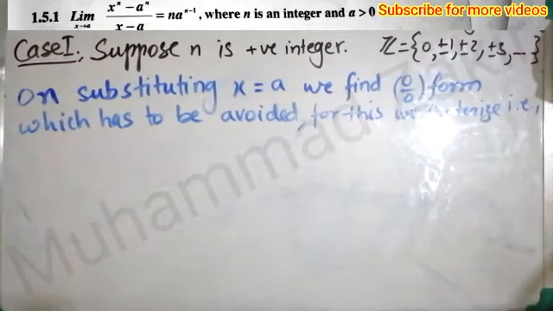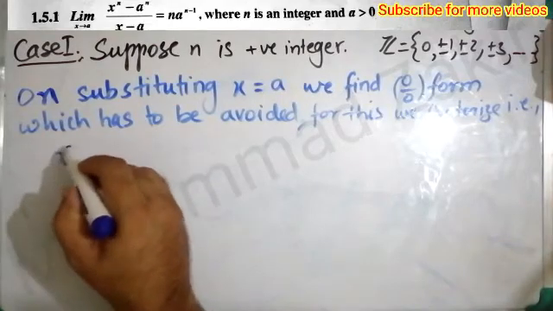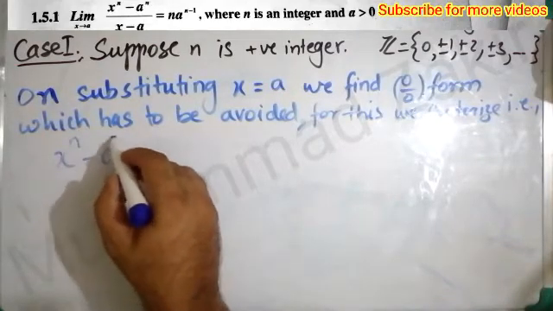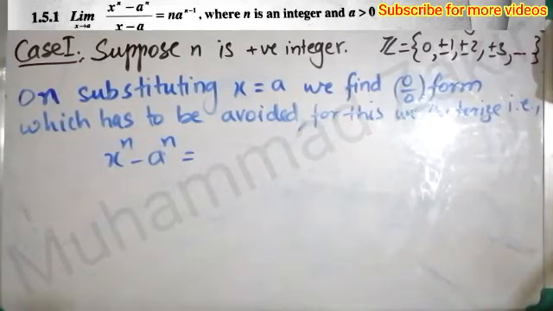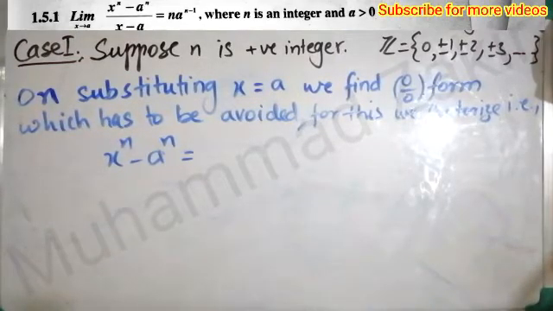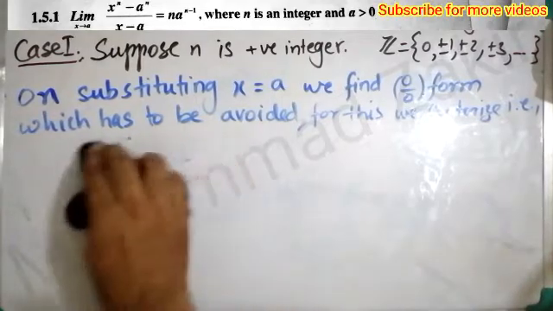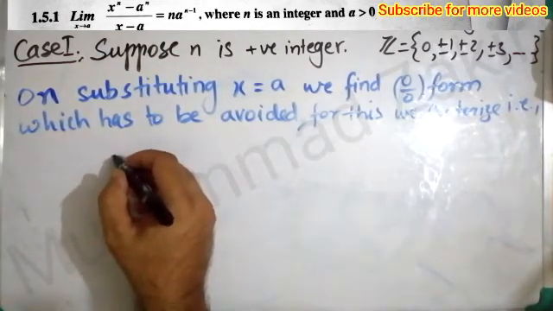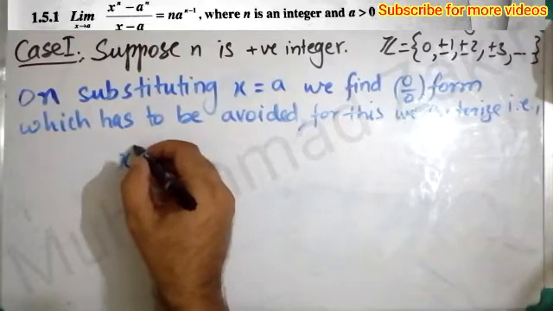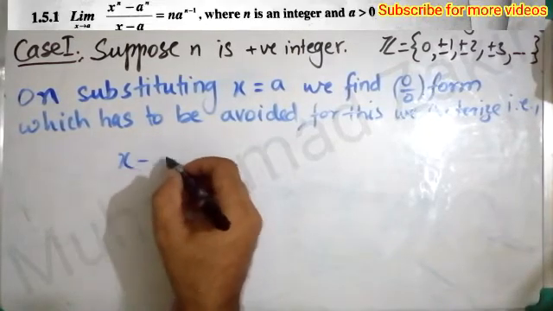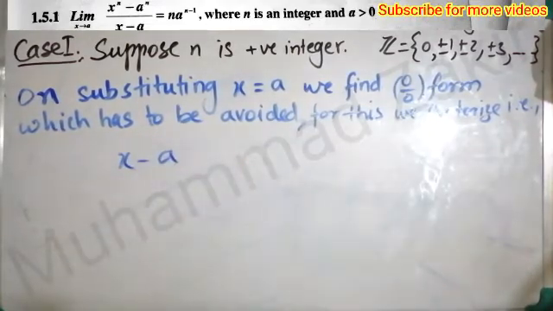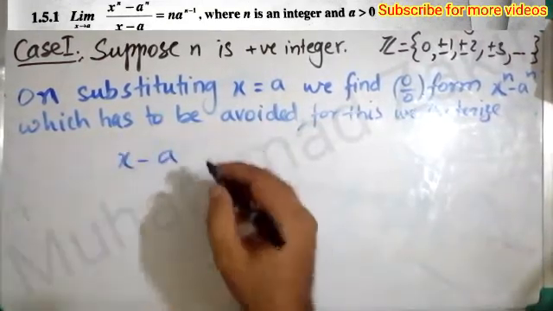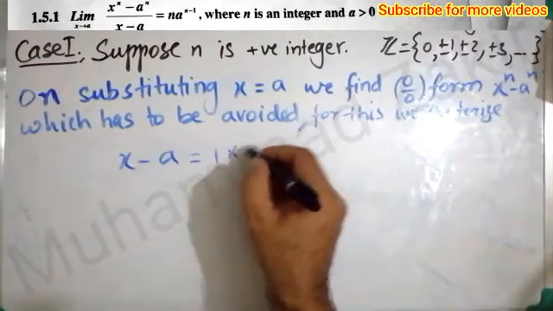We factorize x^n minus a^n. How can we factorize? Students, we will try to understand it from examples. n is an integer. We know that x^n minus a^n can be of the form x minus a. When we substitute n equal to 1, we get x minus a, which is 1 multiplied by x minus a.